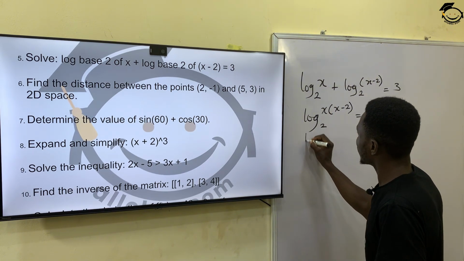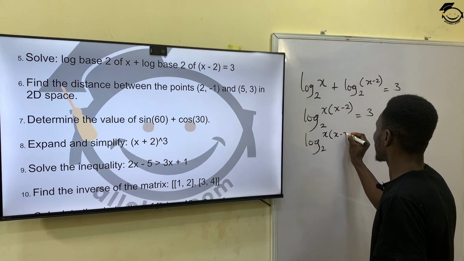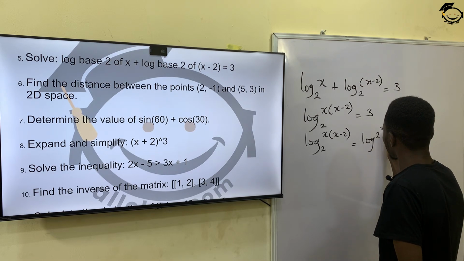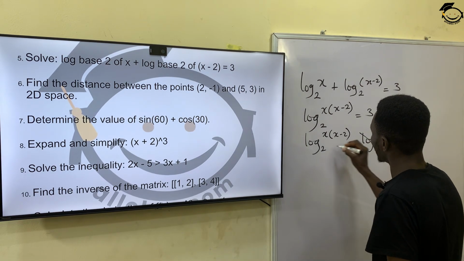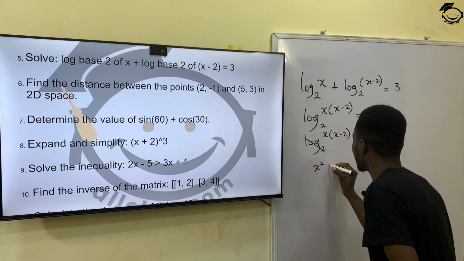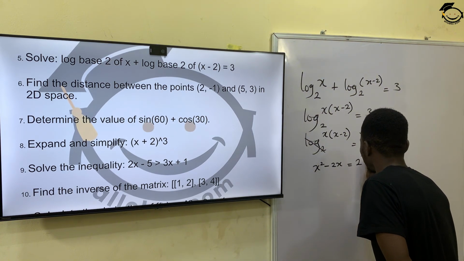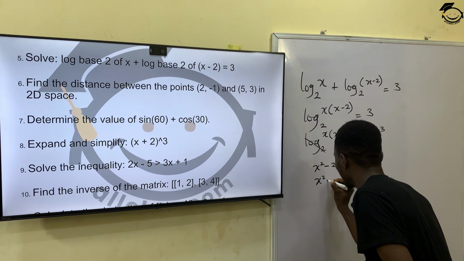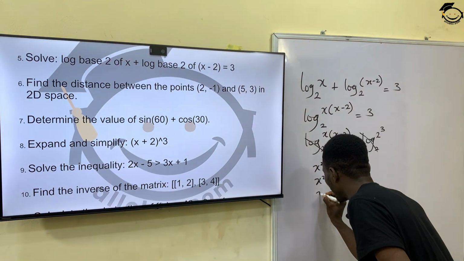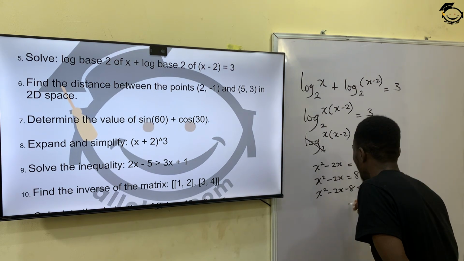This can be simplified further to mean that I have log base 2 of x(x minus 2) to be equal to log of 2 raised to power 3 base 2. So log base 2 cancels out log base 2, so I have x squared minus 2x is equal to 2 raised to power 3. This is the same as x squared minus 2x is equal to 8. So this will simplify further to mean I have x squared minus 2x minus 8 is equal to 0.